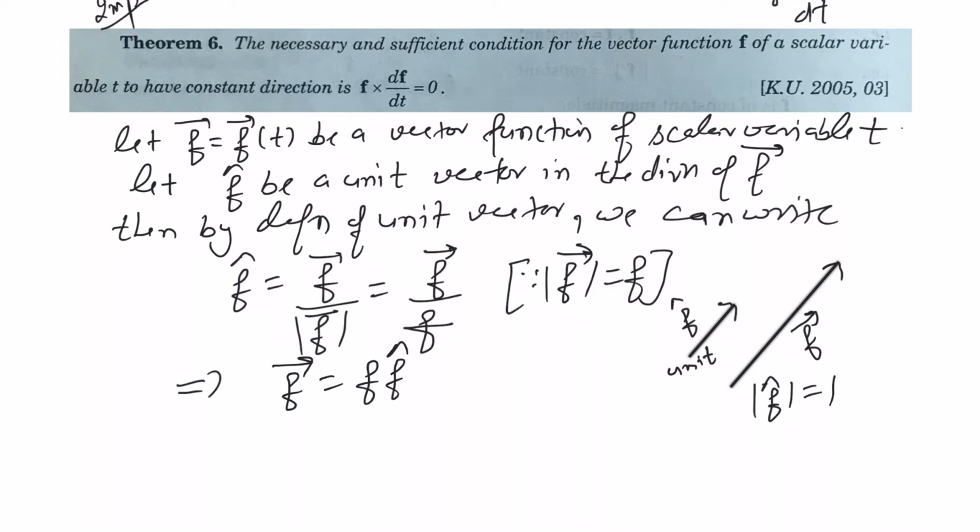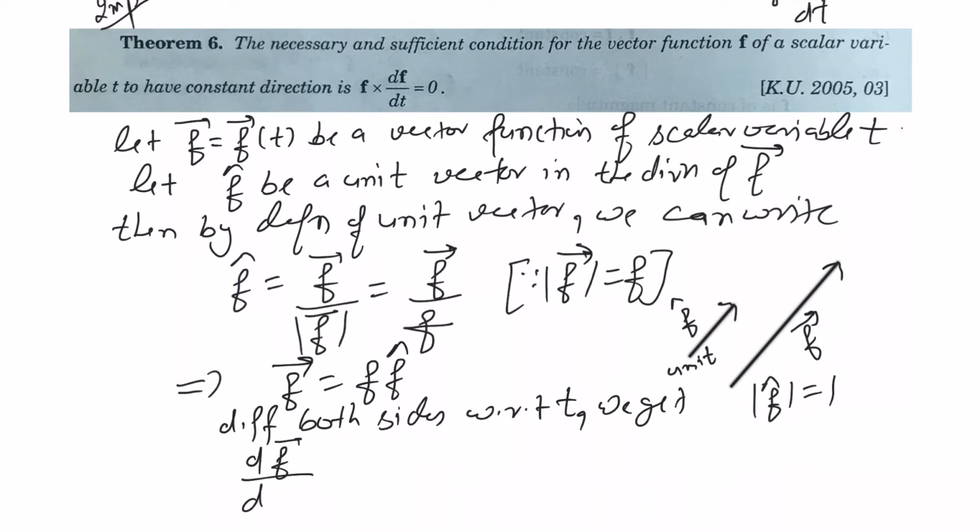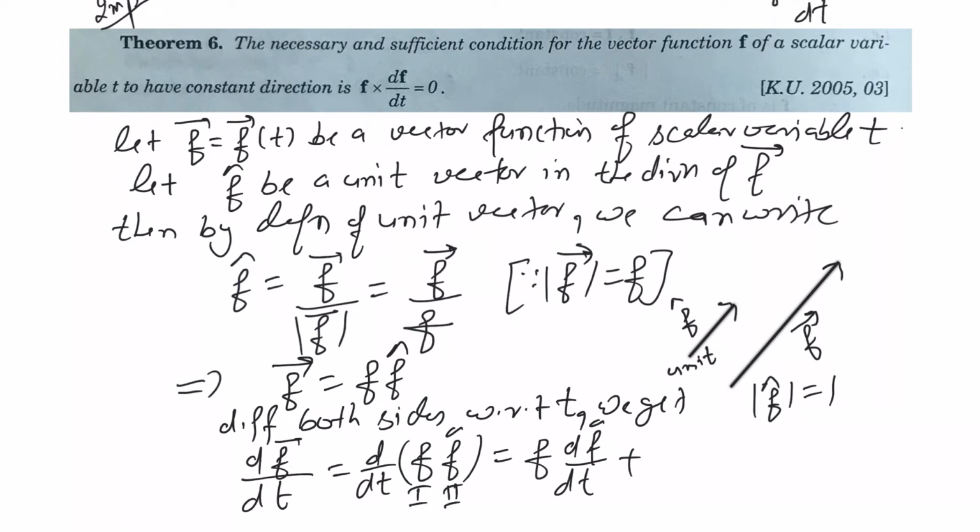Now differentiating both sides with respect to t, we get df by dt is equal to d by dt of f f cap. Now using the product rule, we get f d f cap by dt plus df by dt f cap.